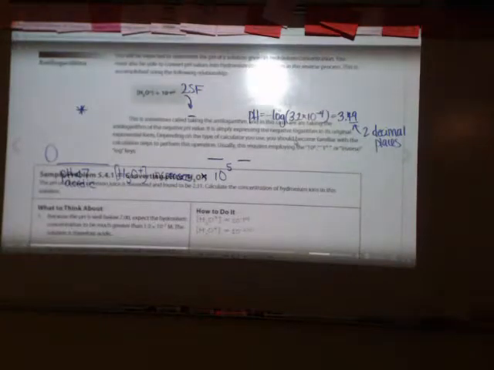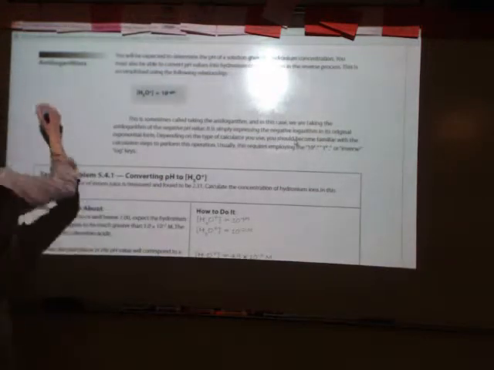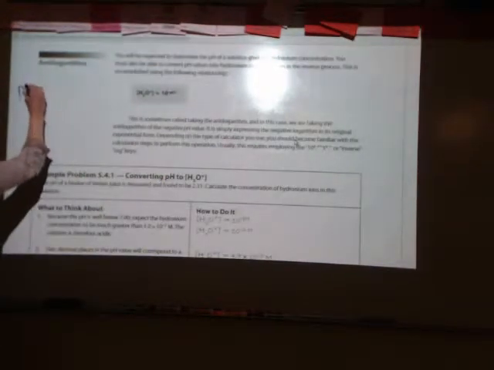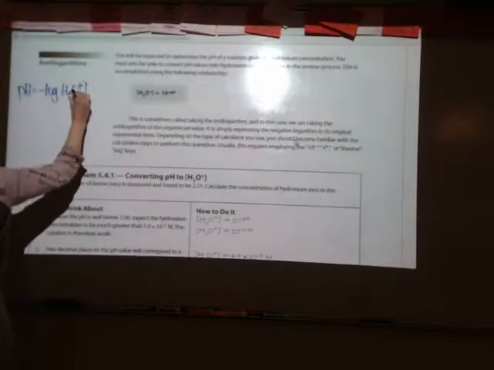Okay. So I know you guys have talked about the basics of logs in math, but have you talked about antilogs? No. Okay. So think of the antilog as the inverse of log. So if you have pH equals the negative log of the hydronium ion concentration, this would be the antilog of that equation.